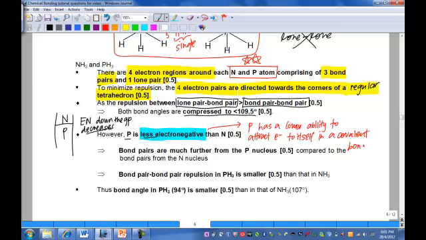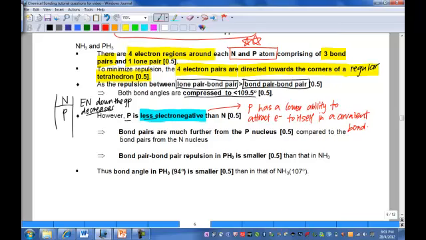So due to this, please take note of the change in your answer.